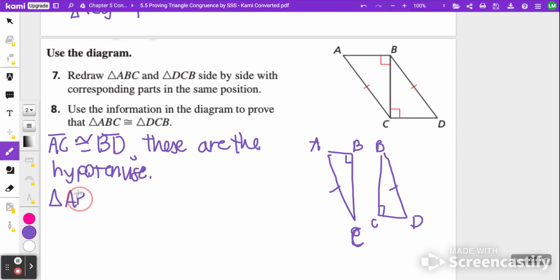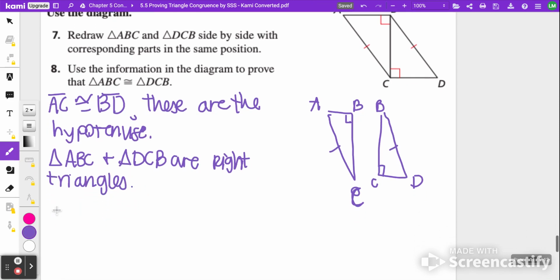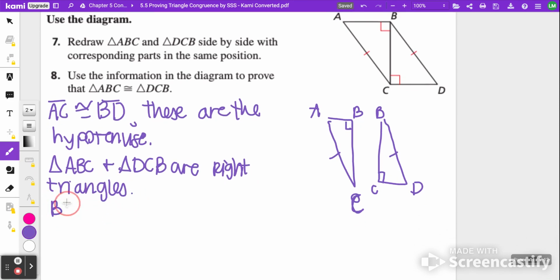Triangle ABC, and not congruent yet, triangle DCB are right triangles. Okay, and then we can also say BC is congruent to CB using the reflexive property of congruence.